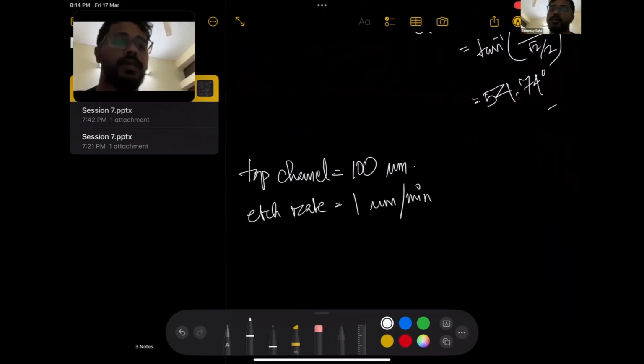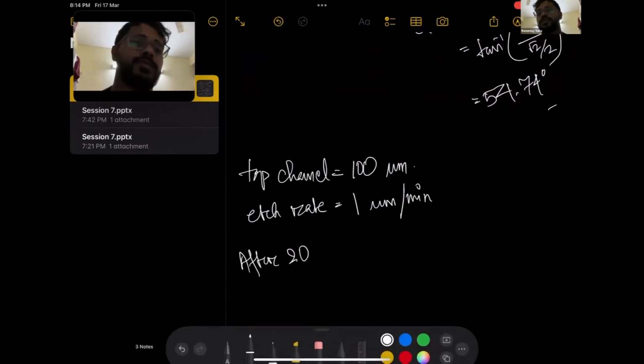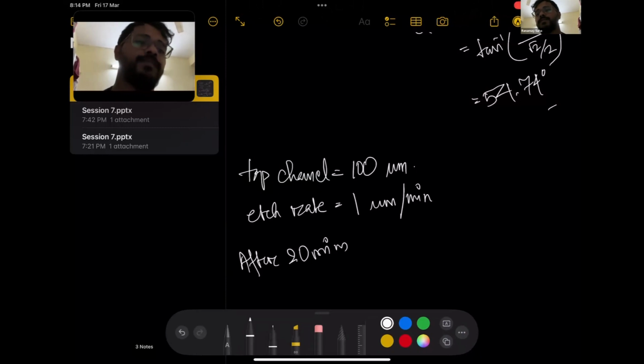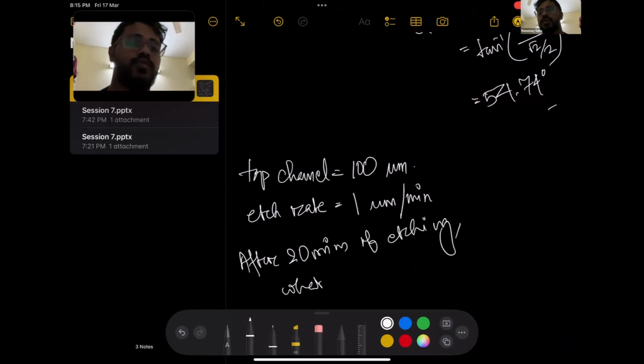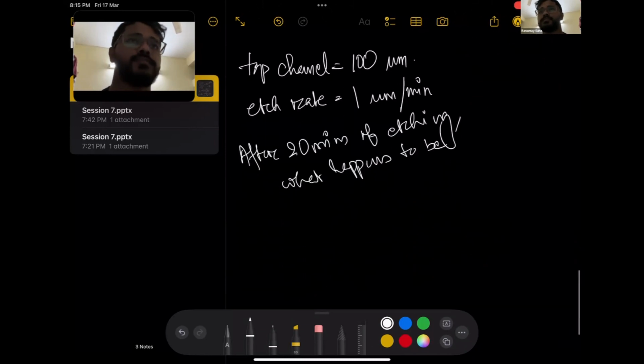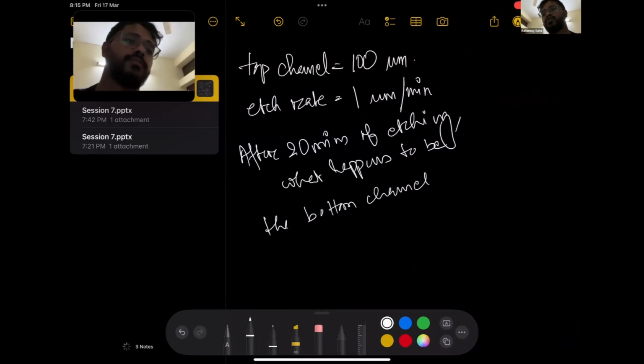You have to find out what happens to the bottom channel after 20 minutes of etching.